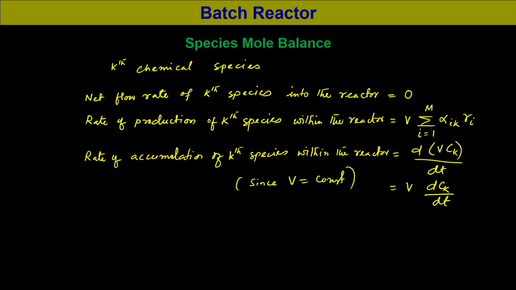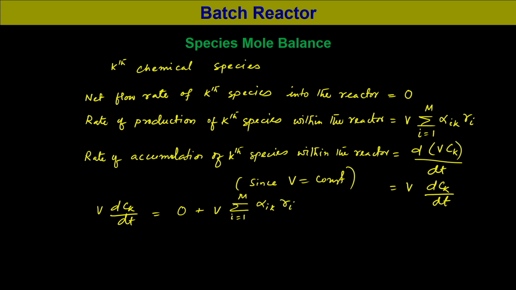So, the balance equation gives V dCk/dt equal to 0 plus V times the summation over i equal to 1 to m of alpha i k r i.